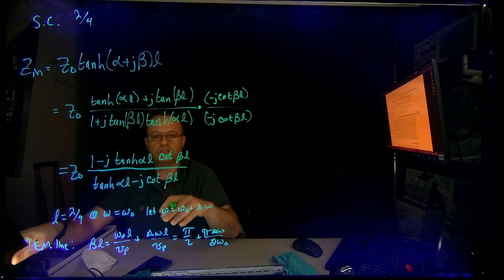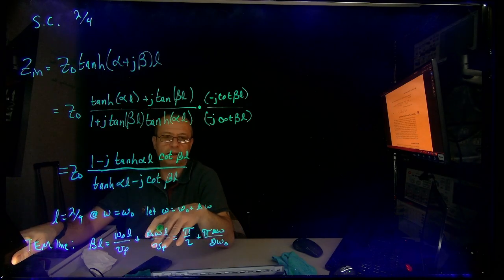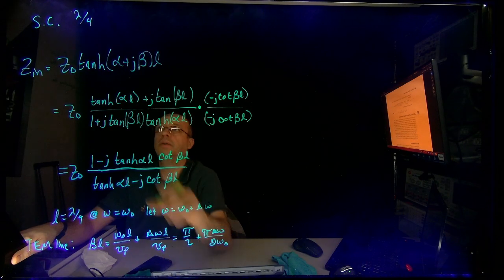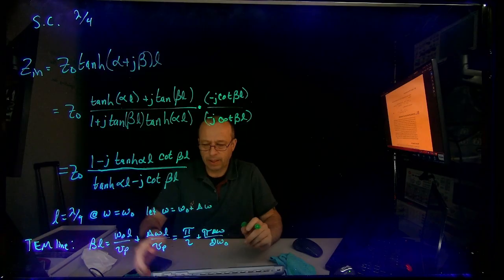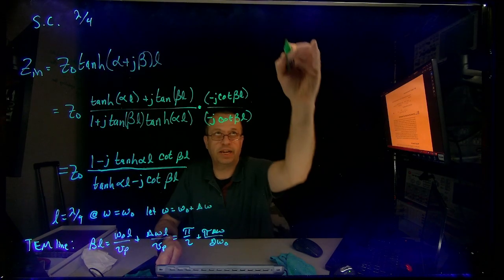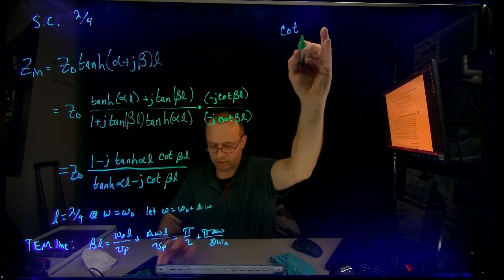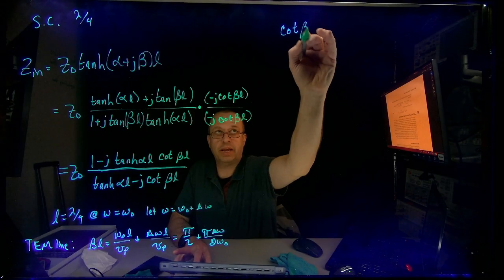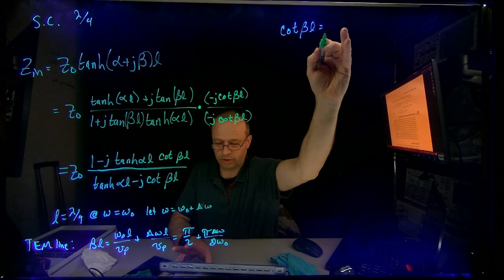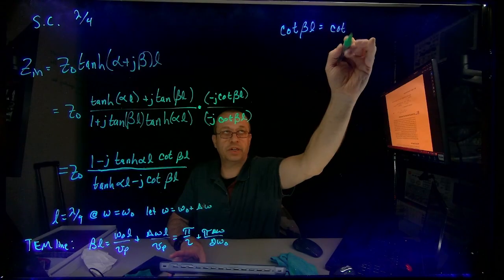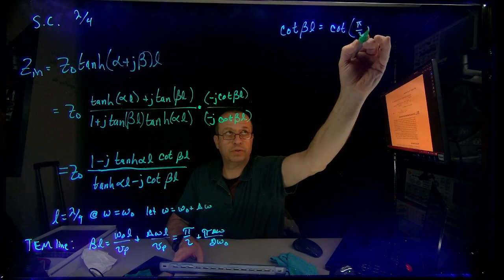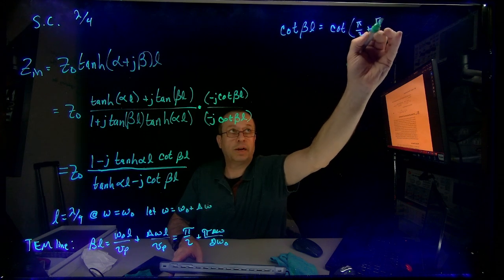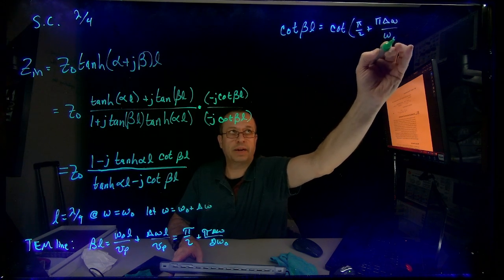So we're starting to see some things change based on the quarter wavelength. Okay. We're also going to state that cotangent of beta L is equal to cotangent of pi over 2 plus pi delta omega over 2 omega naught.